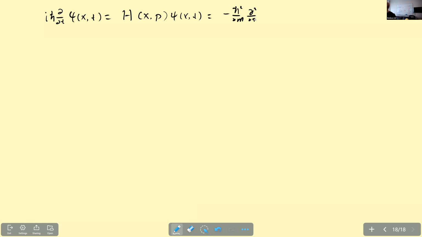So let me write down first of all, you know that if you have i h bar partial t psi(x,t), that equals to the Hamiltonian H(x,p) acting on psi(x,t), right? So this one equals to minus h bar squared over 2m, partial squared partial x squared, and then plus V(x), acting on psi(x,t), right? Okay, so that's the Schrödinger equation. But now we can look at the conjugate of the Schrödinger equation.